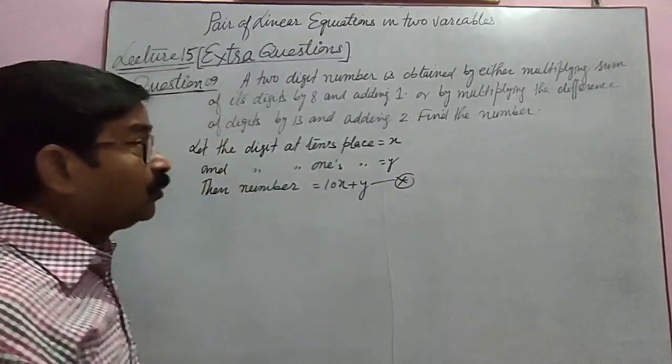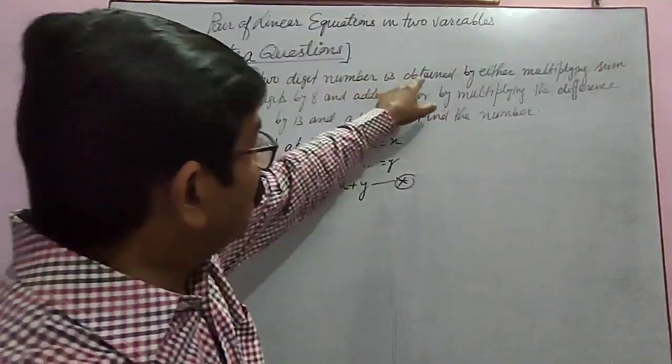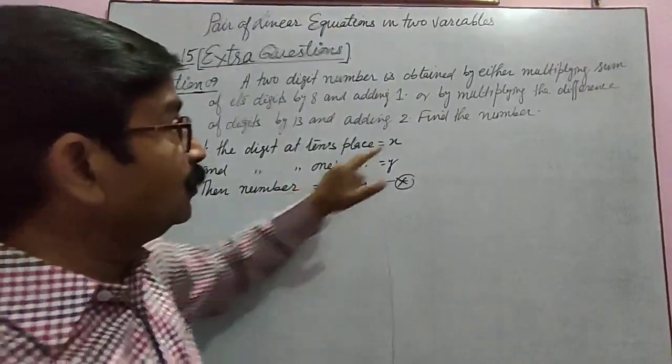Now let us talk about the question. The given 2-digit number is obtained, means this number is obtained. How?